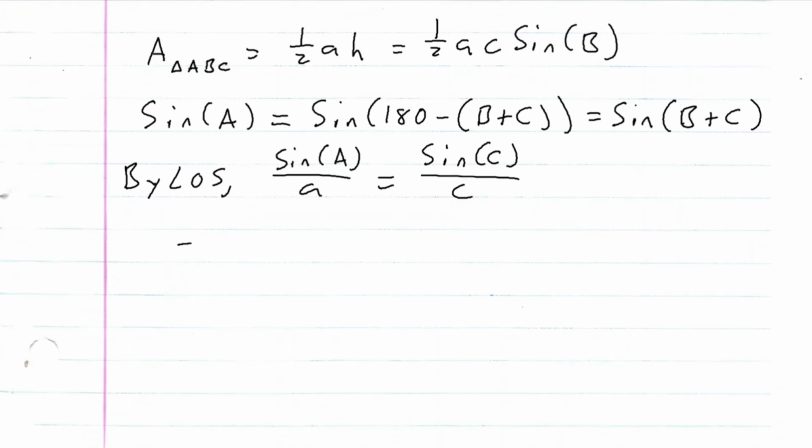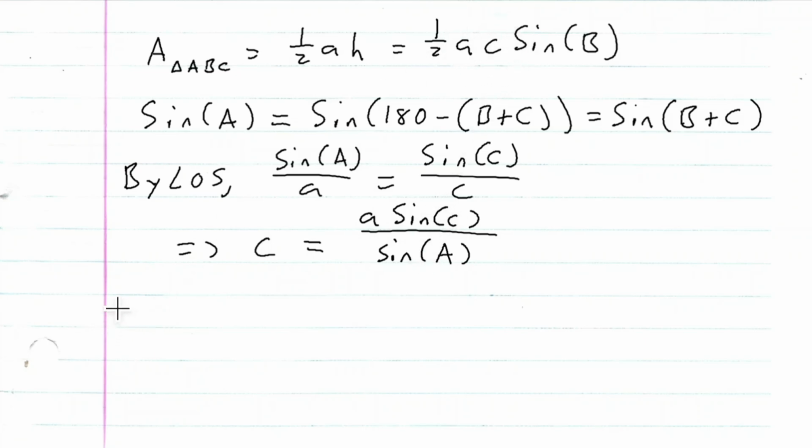If I solve for C in this equation, this gives me C is equal to A times sine of C over sine of A, because if I multiply both sides by C, I get C sine A over A is equal to sine C. To get C by itself, I multiply by the multiplicative inverse of sine A over A, which is just A over sine A. That gives me C is equal to A sine C over sine A.